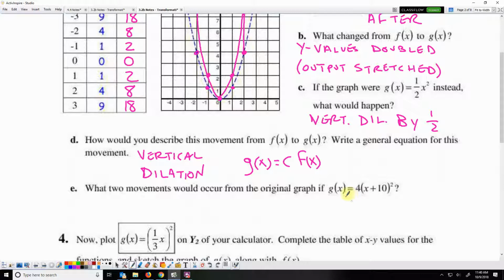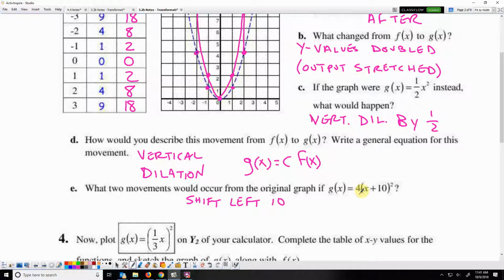So what movements happen in this equation? g of x equals 4 times x plus 10 squared. So this plus 10 is happening before the squaring function, which means it shifts right or left. And when you're shifting right or left, it's opposite the sign, so it's going to shift left by 10.